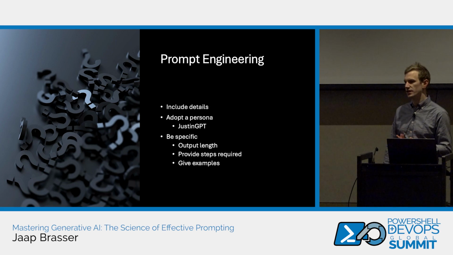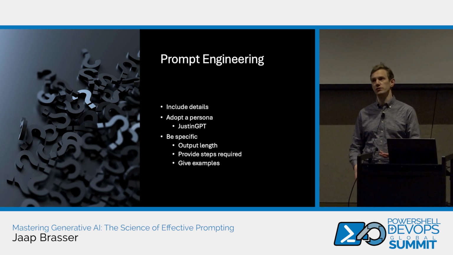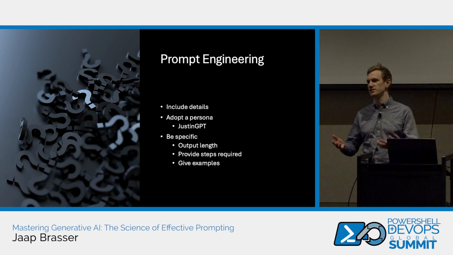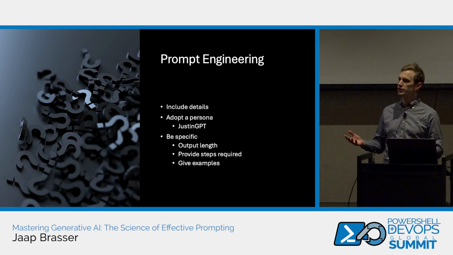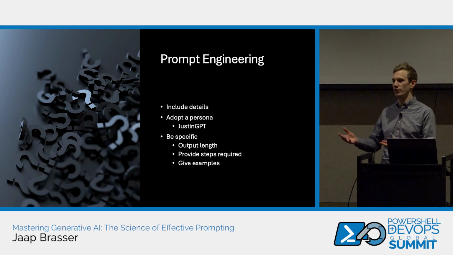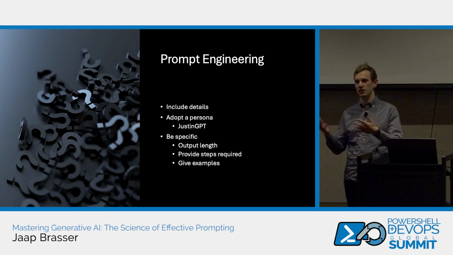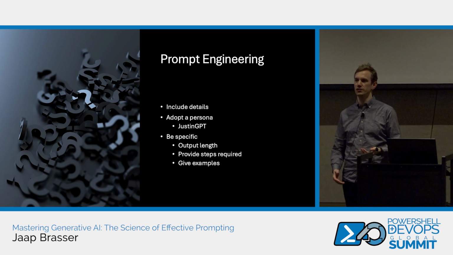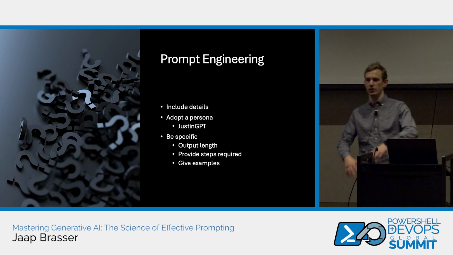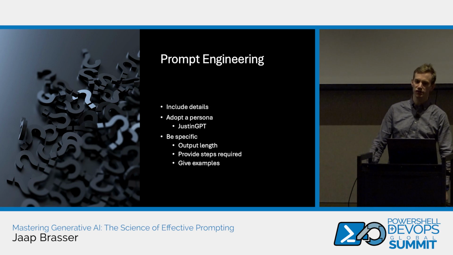One of the strategies specifically for unit tests: instead of asking it to just write me 15 Pester tests for my function, you ask it, please describe this function. What does it do? What are the paths that the code can follow? And then ask it, okay, for the first path that you described, generate 3 Pester tests that do X, Y, Z. You get better responses then than if you just ask it to generate unit tests for this function. So you get better results that way.